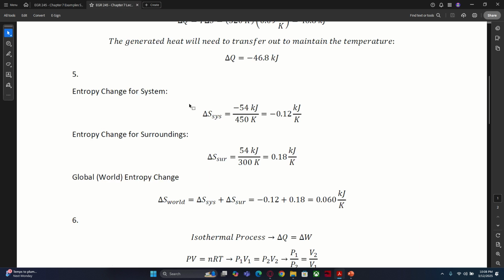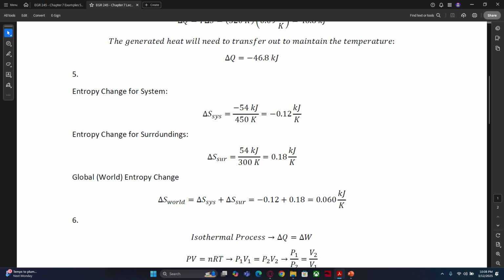Because normally we think of the positive direction of heat transfer as going into something, because it is leaving the system, we assign negative 54 kilojoules per 450 Kelvin. This gets us negative 0.12 kilojoules per Kelvin.